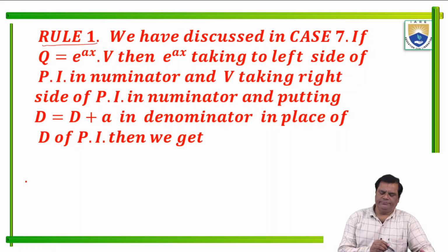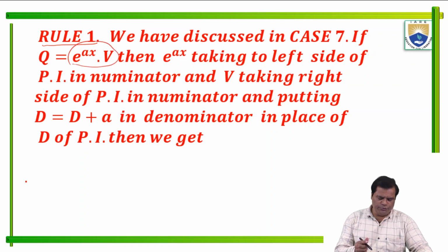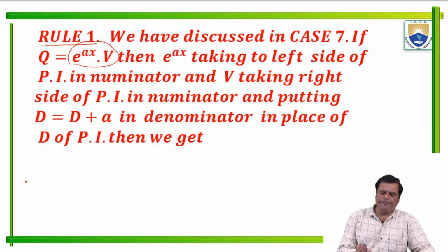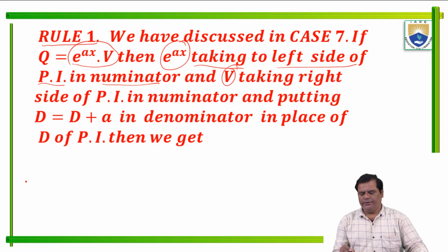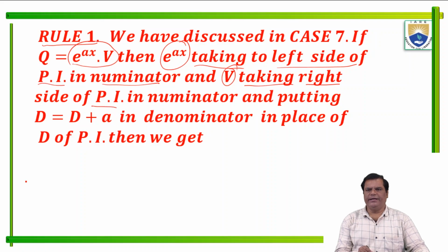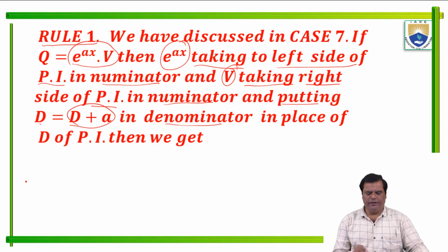We have discussed in case 7, if Q is e to the power ax into b, then e to the power ax is taken to the left side of PI in the numerator, and the b function is taken to the right hand side of PI, and in the denominator D is replaced by D plus a. Then we get the following result.